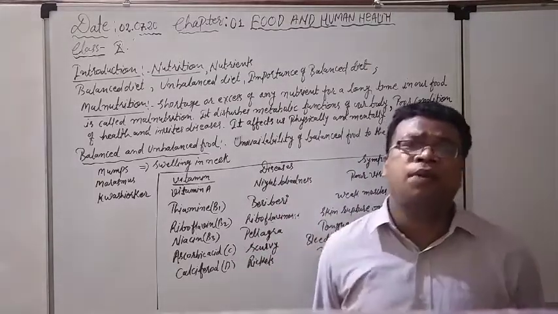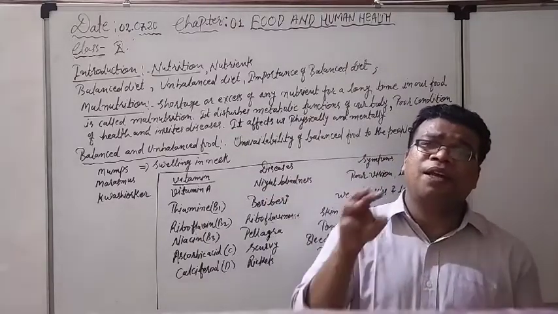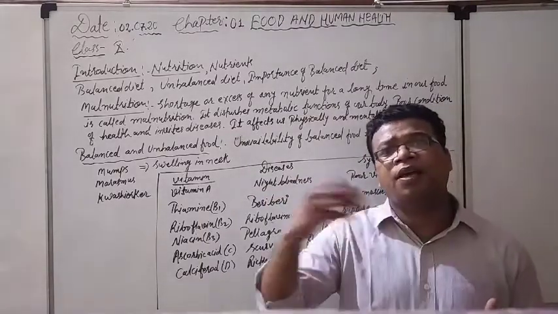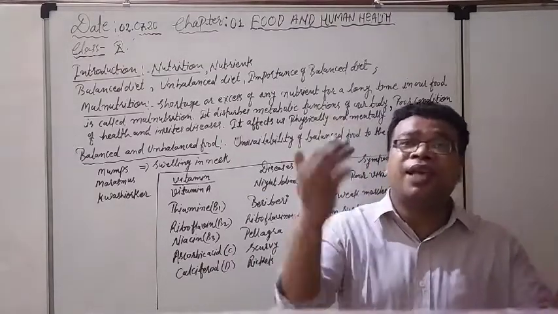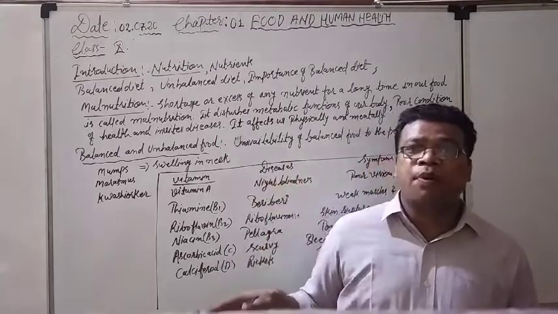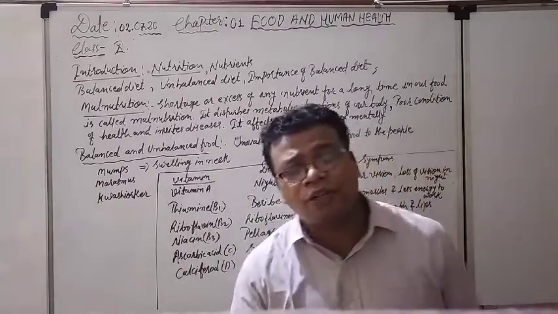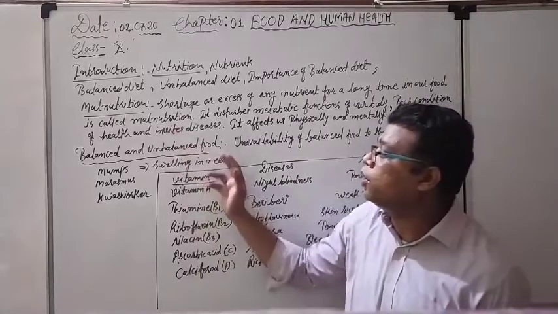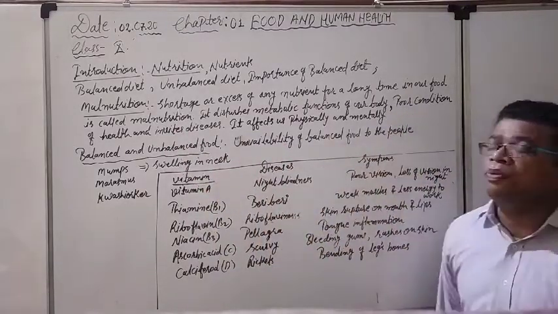Somewhere they are getting only chapati, but they are not getting the proper kind of vegetables. So what kind of food are they eating? Sometimes some kind of nutrient is going to be absent in their food, and that's why they suffer with malnutrition. So there is unavailability of balanced food to the people in our country.